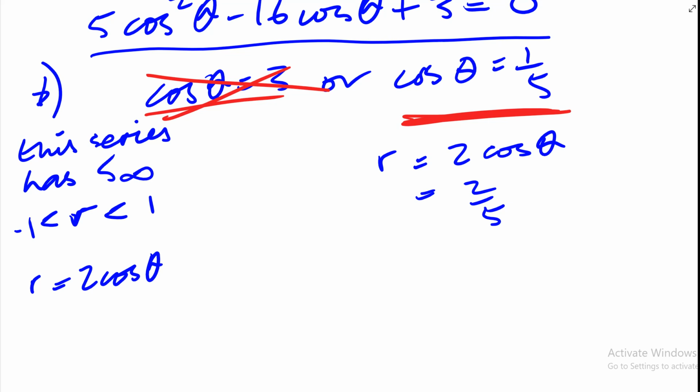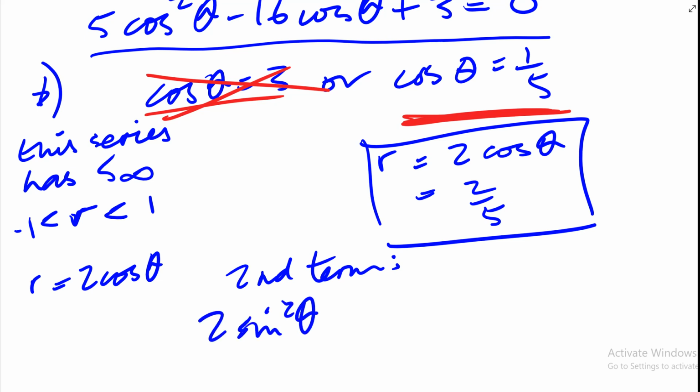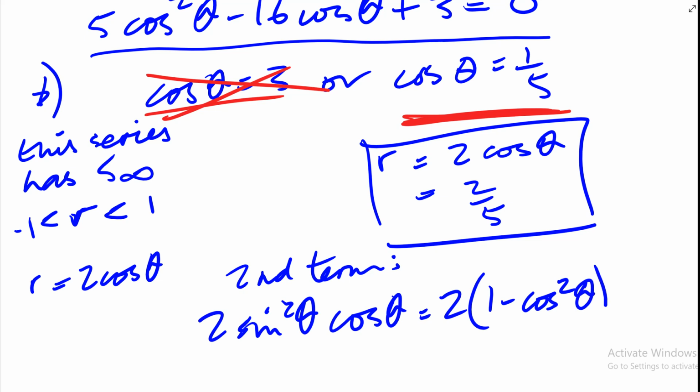So let's go back, let's just put that in a box. So we want the second term, so the second term is 2 sine squared theta cos theta, which is 2 times (1 minus cos squared theta) times another cos theta.